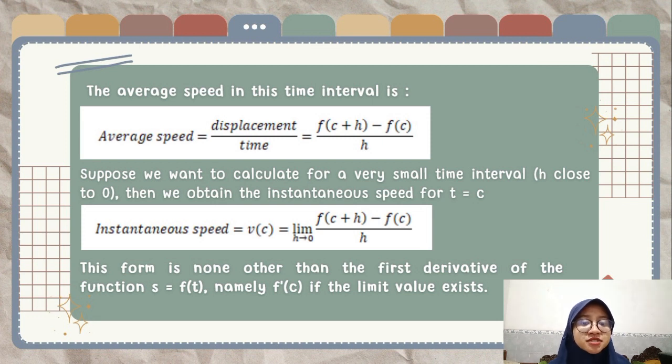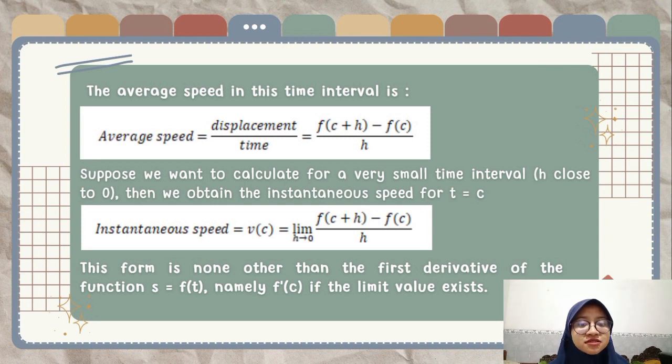Then we obtain the instantaneous speed for t equals c. Instantaneous speed equals v(c) equals the limit as h goes to 0 of f(c plus h) minus f(c) over h.